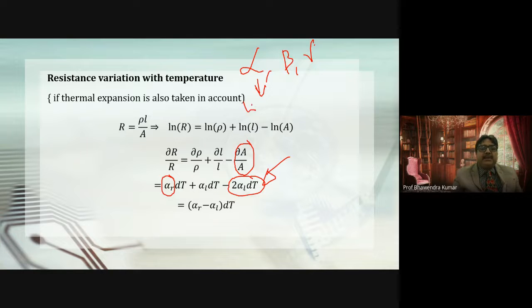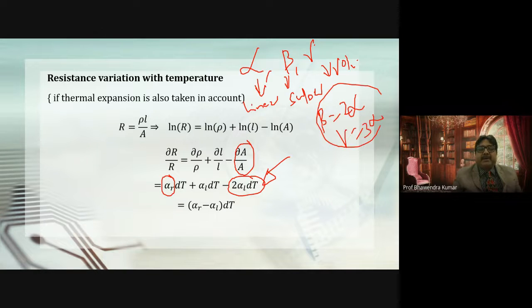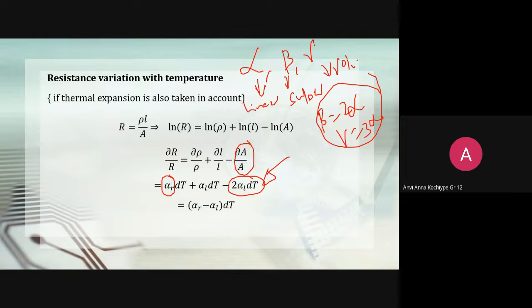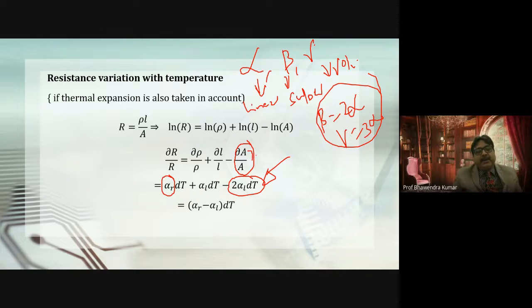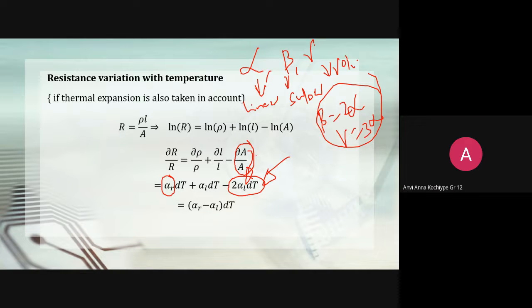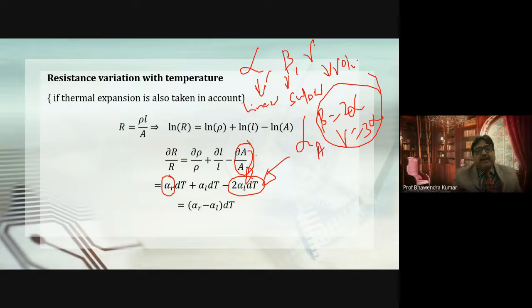Alpha is the coefficient of linear expansion, beta is the coefficient of superficial expansion, and gamma is the coefficient of volumetric expansion. Beta is equal to 2 alpha, and gamma is equal to 3 alpha. That is what we are writing here: for area, we write 2 into alpha L. Actually, beta was written as alpha A and gamma as alpha V. If you follow the NCERT textbook, they don't use alpha, beta, and gamma; they write alpha L, alpha A, alpha V. That is why I've written alpha L over here.